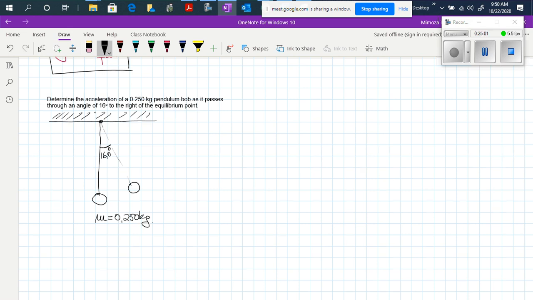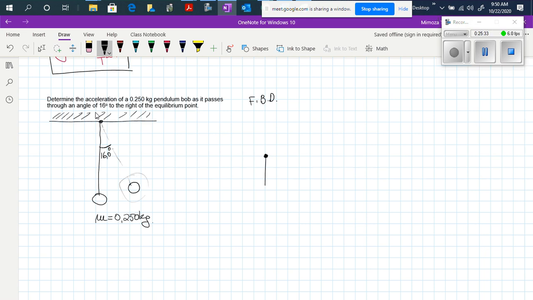Okay, so at the moment that you are looking for a force or an acceleration, the very first thing that should come to your mind is to draw the free body diagram. So the object of our interest is the mass of this object here.